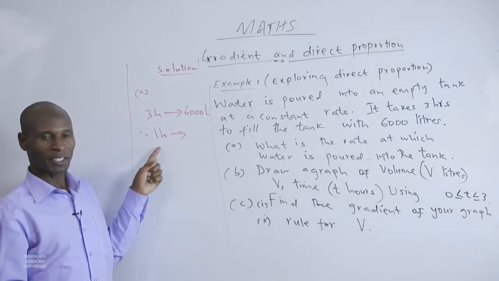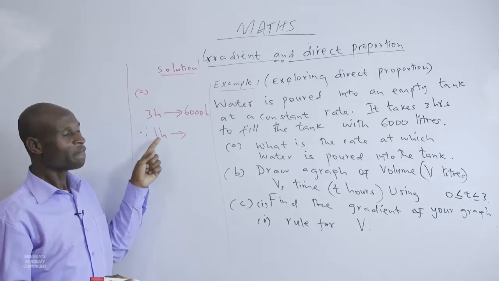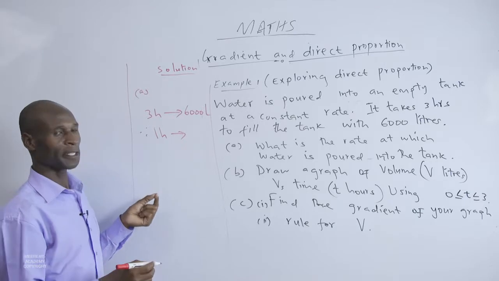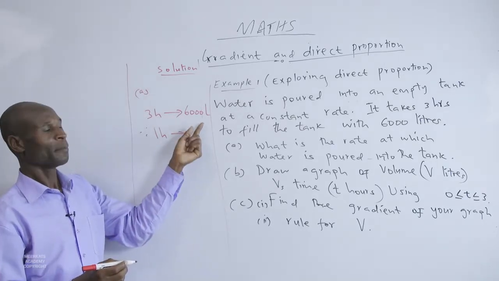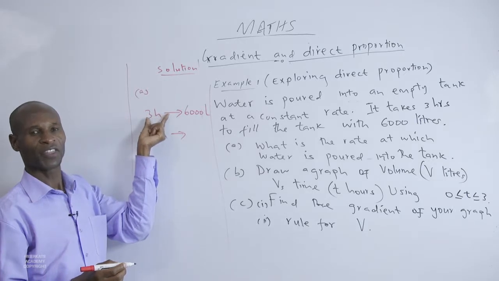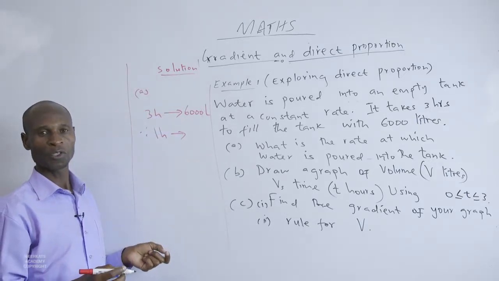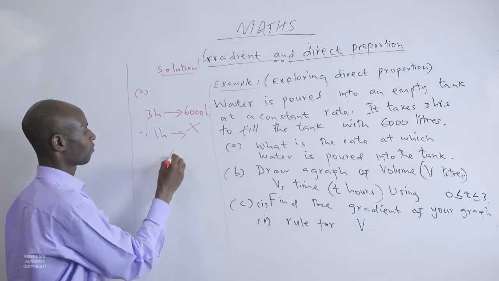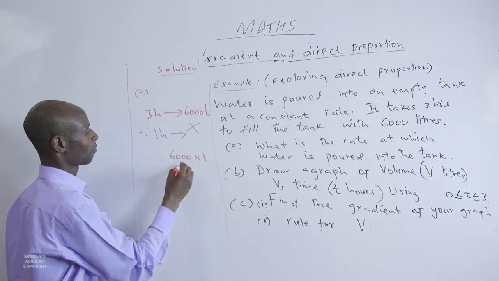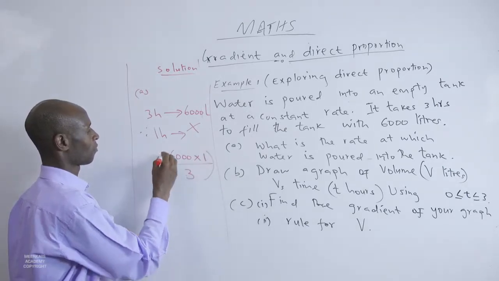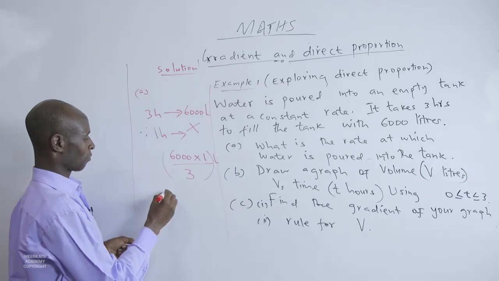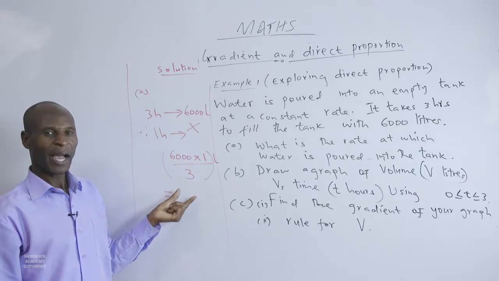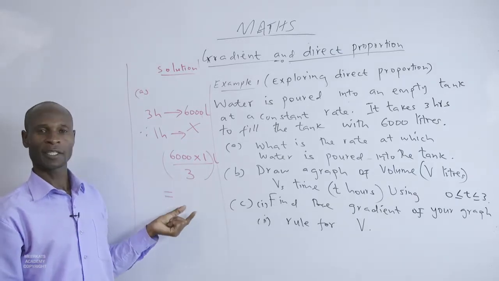So we established that after 1 hour, the volume of water inside that tank will be obtained by taking 6,000, multiply by 1, then divide by 3. That means we do cross multiplication. After doing cross multiplication, we cancel out those factors which are common.